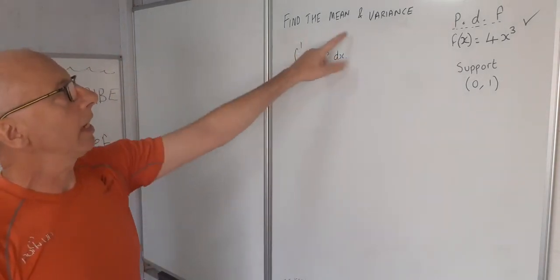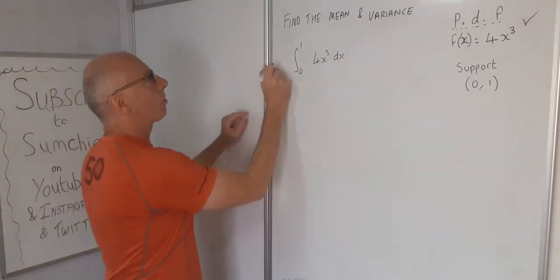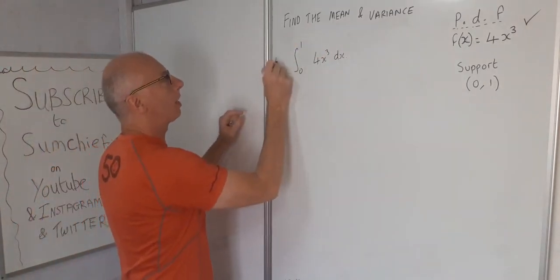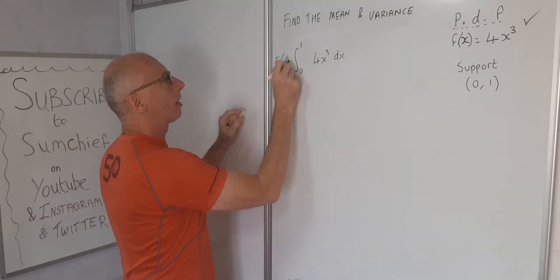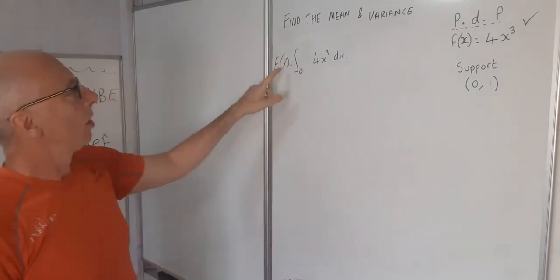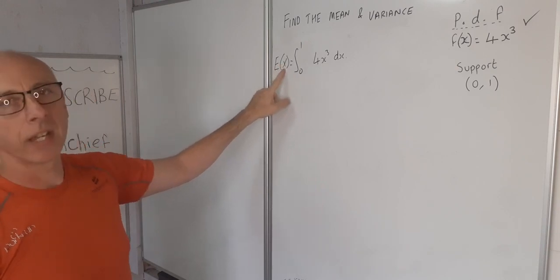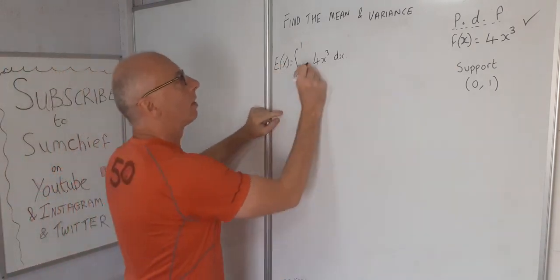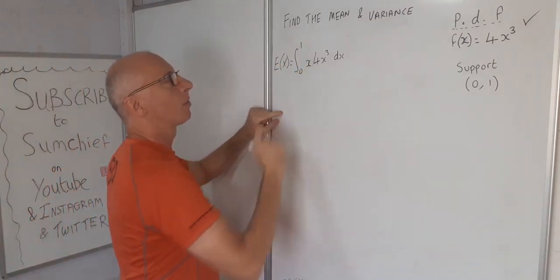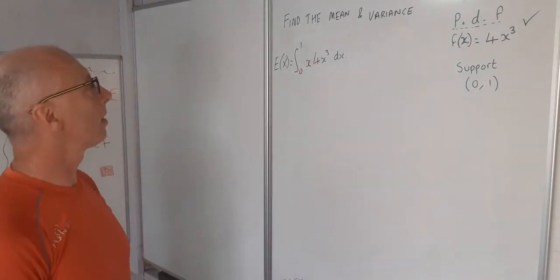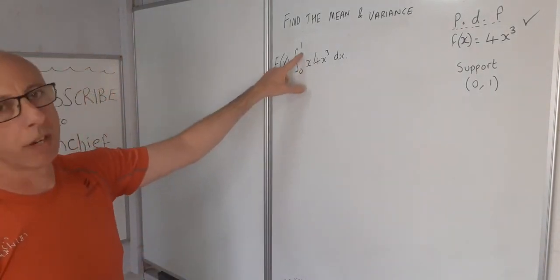Now to find E of x, so let's just write that down, the mean. So E of x, what we do now is we multiply this function by this x in here. So that becomes now x times 4x cubed dx, and it's integrated from 0 to 1.